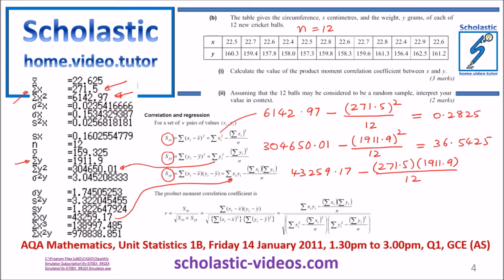When you simplify this, you get 2.4325. So these are the 3 values that we need to know, and then we can calculate the value of R.